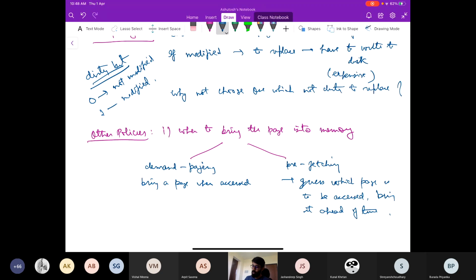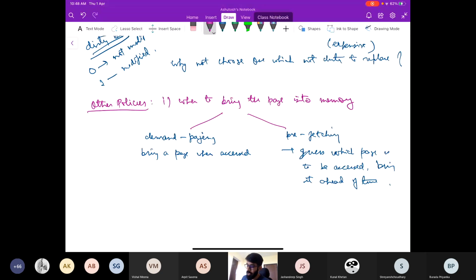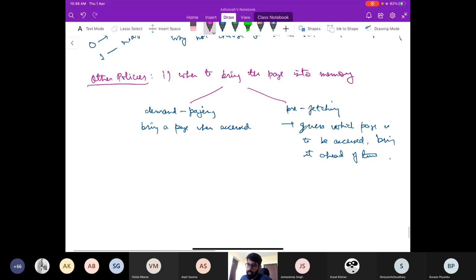For it to be good performance-wise, your guesses have to be reasonably good, and that can happen in the case of code, for example, where some part of the code is being executed and you want the later part to also be executed, so you bring it.